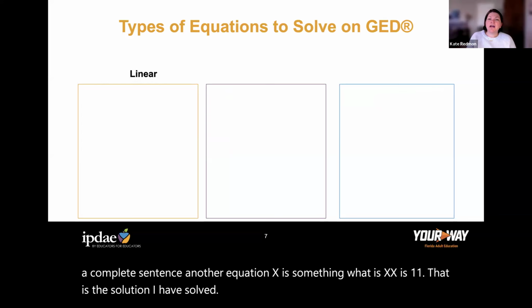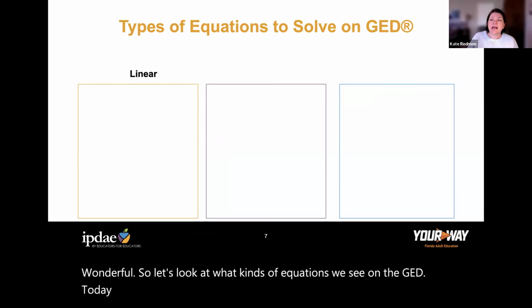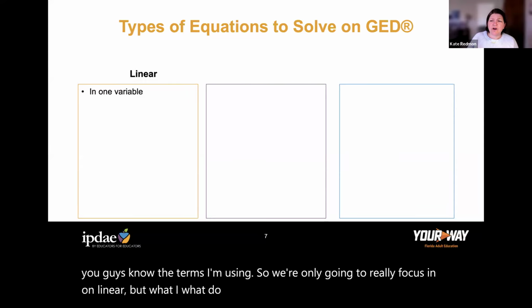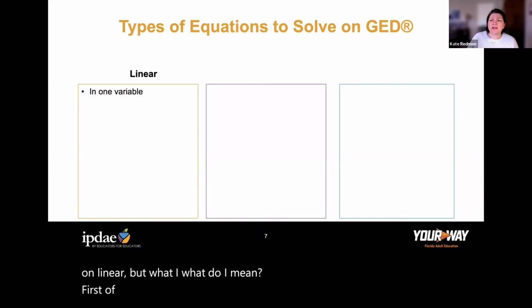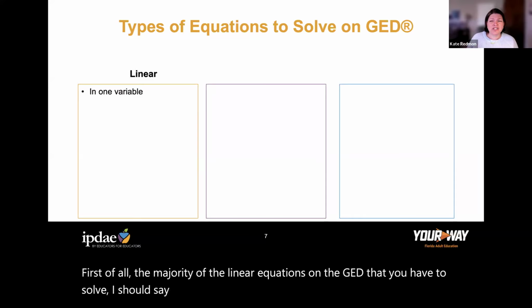Wonderful. So let's look at what kinds of equations we see on the GED. Today we're focused on linear equations, and I just want to make sure that you know the terms I'm using. First of all, the majority of the linear equations on the GED that you have to solve are in one variable, meaning there's just one letter.